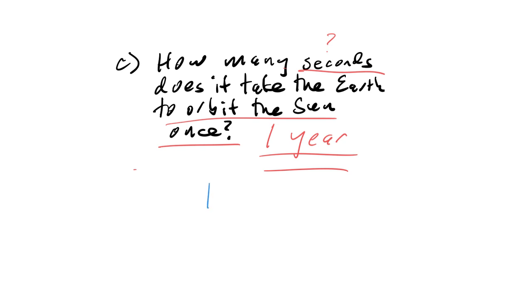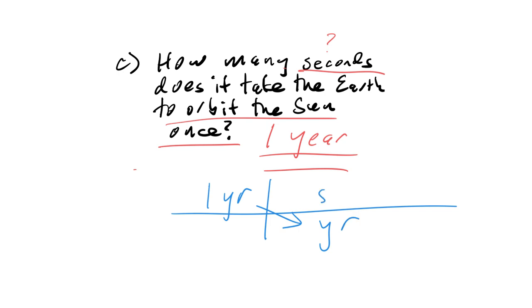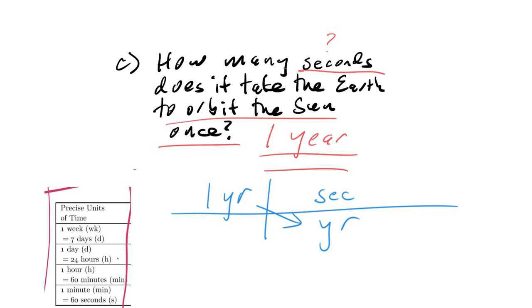Okay, so 1 year. Bring down year, and I'm going to try to go to seconds, but I can't. If you go to the second page of the conversion factors, you will see that there's no year to second conversion factor.